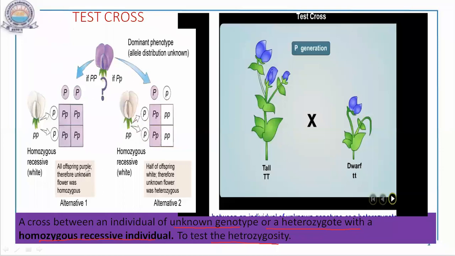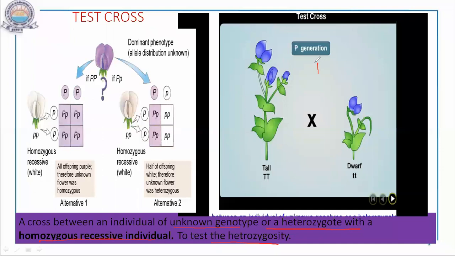Why is it called an unknown genotype? I'm asking the question, listen to me very carefully. When I say the plant is tall, tell me the possible genotypes of this tallness. For tall, what genotype shall I write? Quickly tell. Anybody unmute and speak.